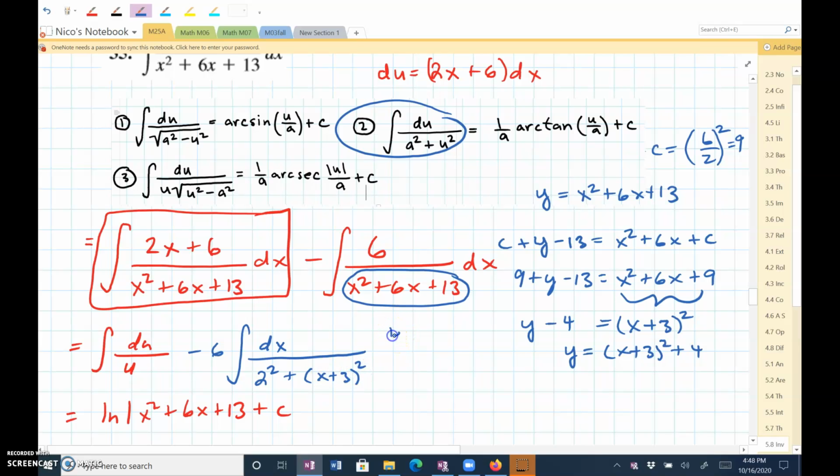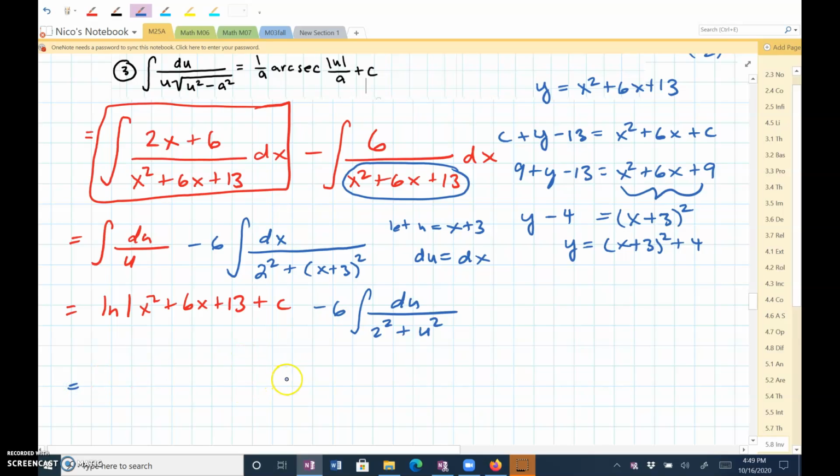I'm going to let u for this one equal x plus 3, where du equals dx. So then I'm going to have minus 6, the integral du all over 2 squared plus u squared.